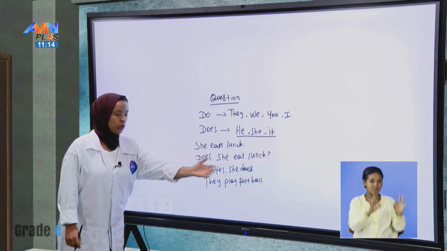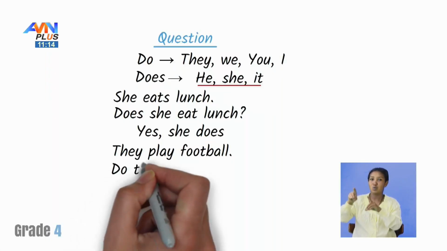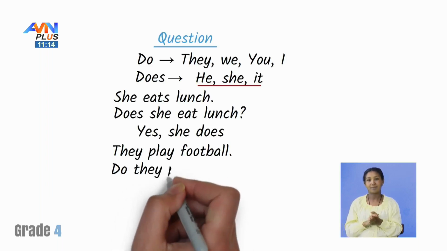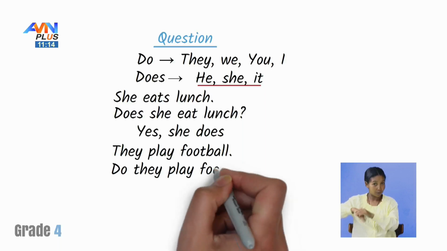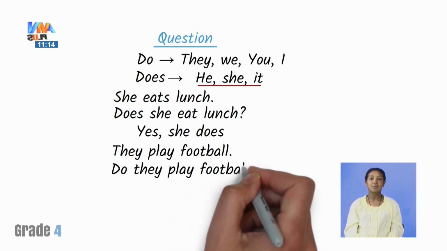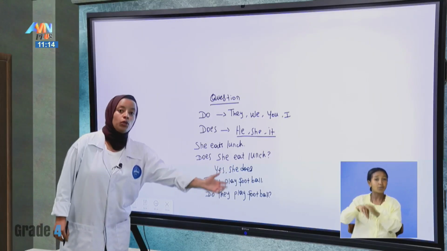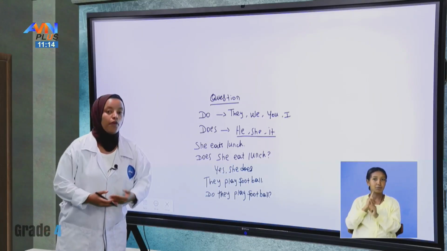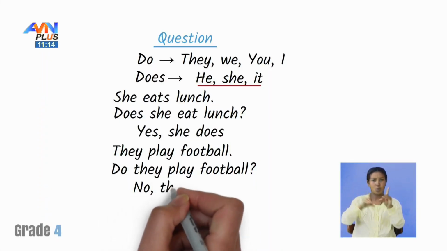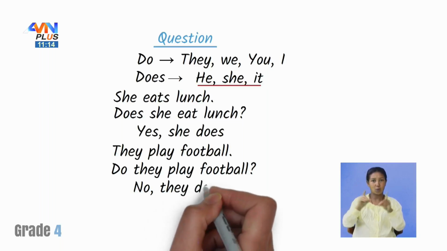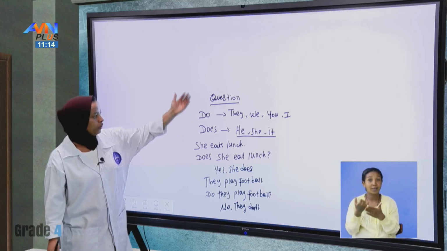Let us change it with do: Do they play football? If it is positive, yes; let us take negative. No, they don't. There is the negative answer. So here is the example when we come to questions.